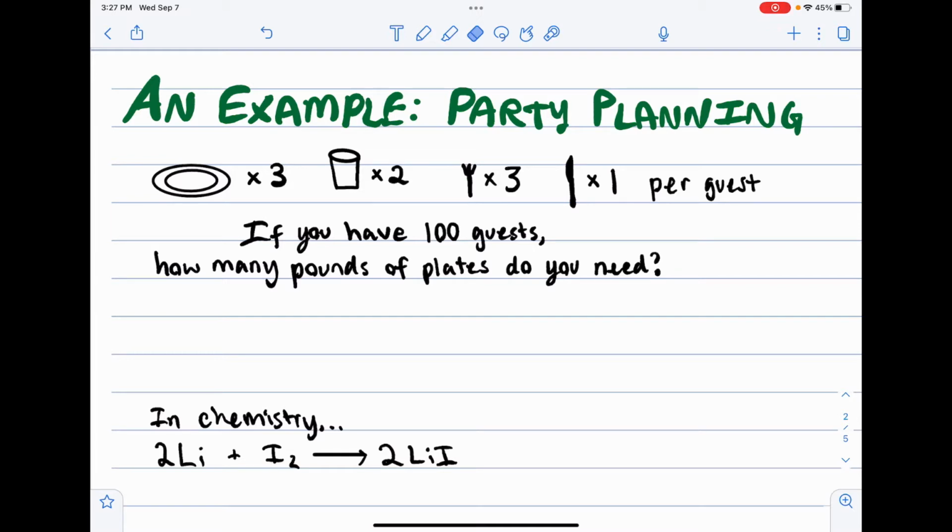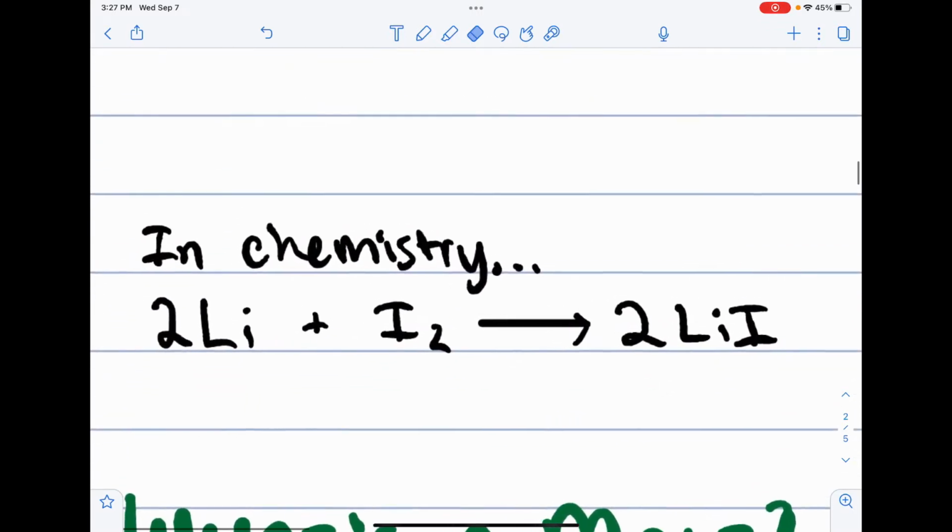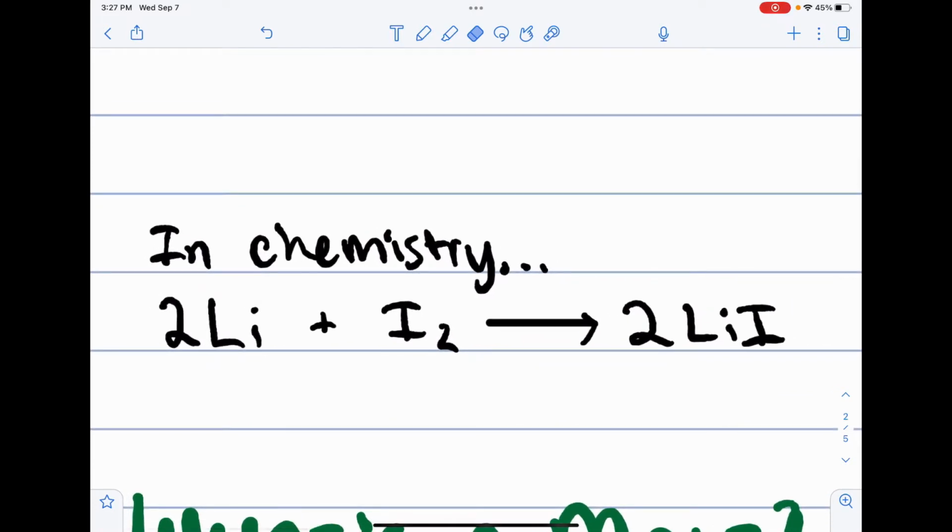So in chemistry, this is applied too, but it's a little bit different. For example, if we're looking at lithium plus iodine makes lithium iodide, and you don't have to know how ionic compounds work to understand this example.